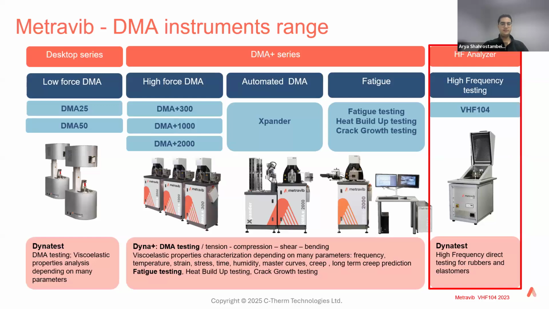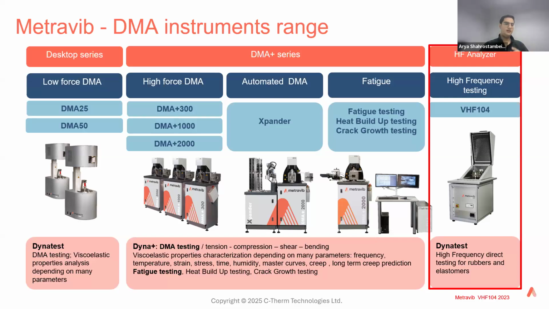Which takes us to this slide, and this is the Metravib DMA instrument range. Starting from the left-hand side, you see the desktop series. Here, the approach is plug and run. The DMA 25 and 50 are capable of running all the classical DMA tests, for example, Tg measurement, but with great accuracy and with a wide range of frequencies, starting from very low frequencies up to 200 hertz.